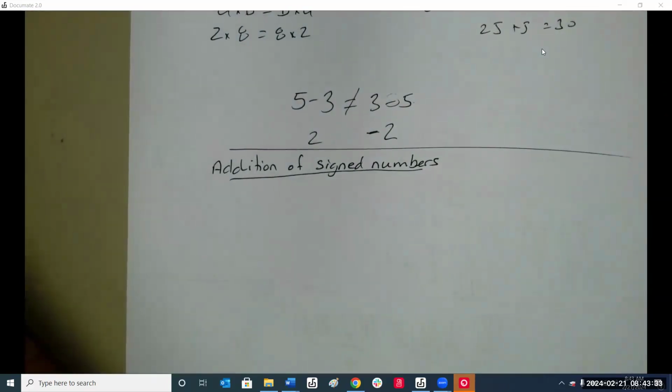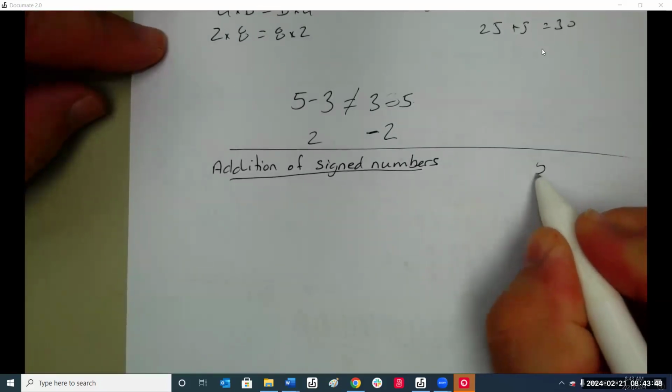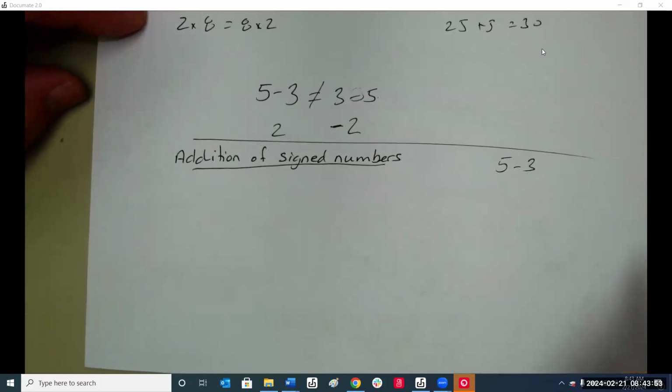Invariably, everybody uses calculators. Computers do not use subtraction. They use the addition of negative numbers. And that's the way you introduce it also. If I had 5 minus 3, how would you use the number line to teach them that?